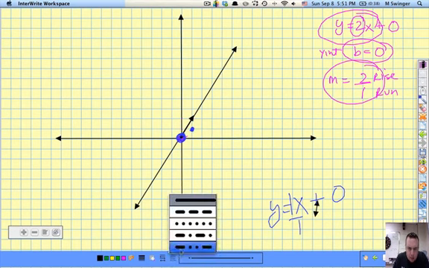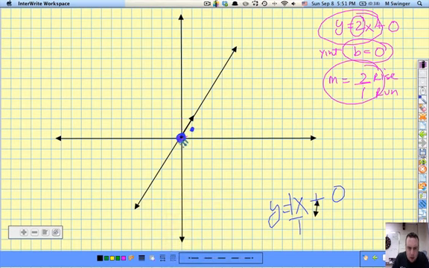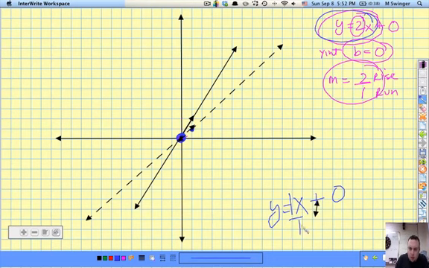Let's change it up a bit. The parent I'll make dashed. Okay, something like that. So look at the parent. What's the difference between the equations? Y equals 2x, y equals 1x.